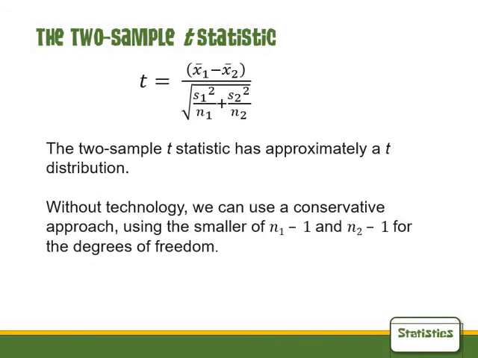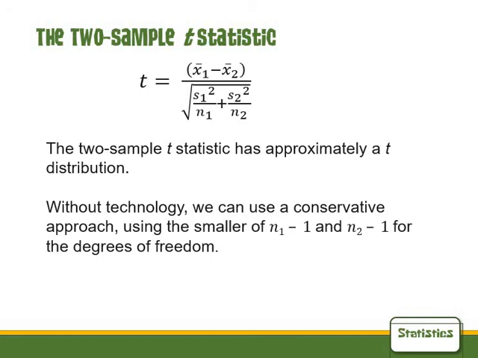And so our test statistic, if we were going to do a hypothesis test, remember the general form for the one sample was our statistic minus our parameter over the standard deviation of the statistic. In this case, our statistic is x1 bar minus x2 bar.